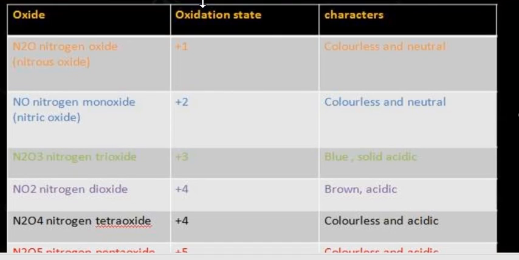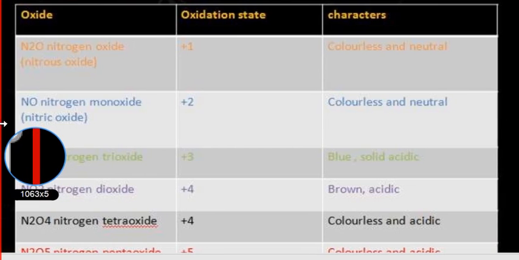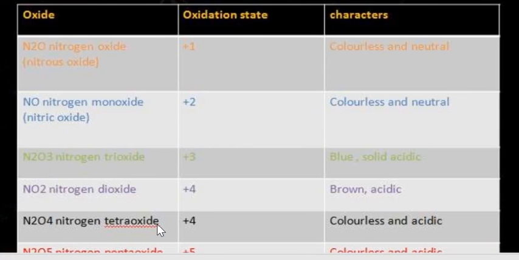And the next oxide of nitrogen is nitrogen trioxide. This nitrogen trioxide has +3 oxidation state, and the physical appearance of this nitrogen trioxide is a blue solid and acidic.